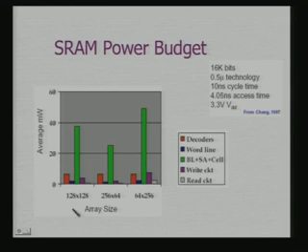Now, here it shows the consumption with relation to different array sizes. And these different colors indicate the power being consumed in different circuitry. So, it is in the decoders, word line, bit line, then sense amplifier and the actual cell itself, write circuitry, read circuitry.